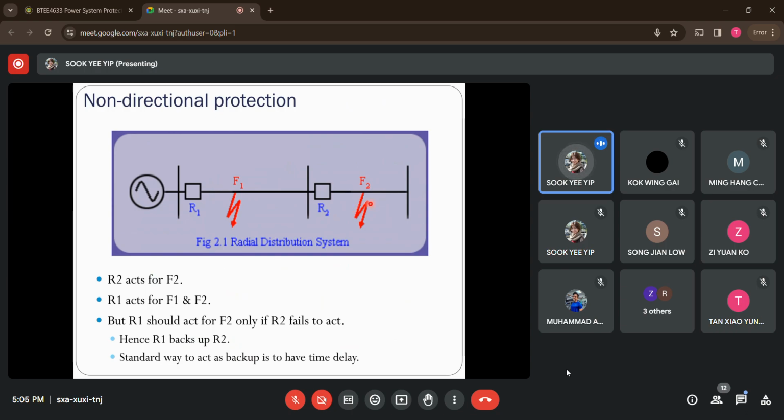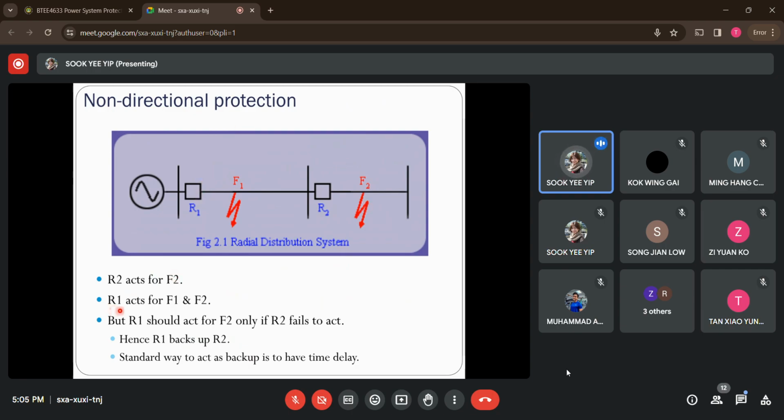So what happens if we have a fault occurring here at F1? Same as well, relay 1 here works as the primary protection to trip fault F1. But for this fault at the end of the line, if we have not implemented the directional protection scheme, whenever a fault occurs here and relay 2 doesn't trip, relay 1 will be able to detect this fault as well.